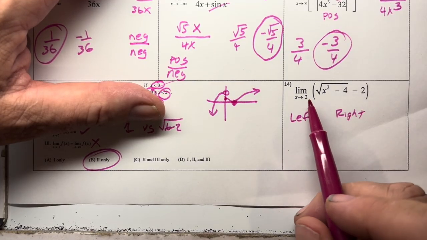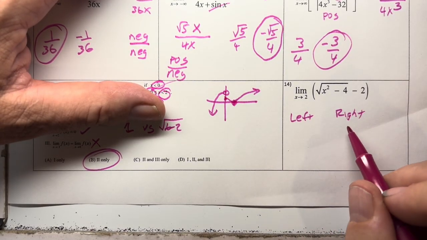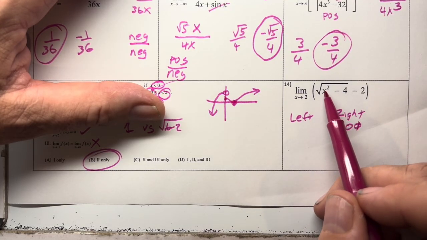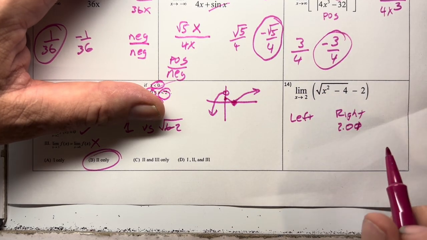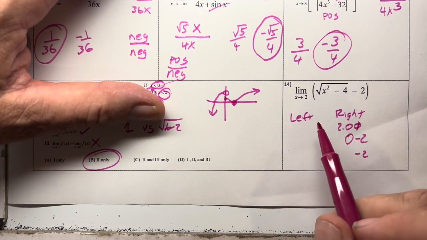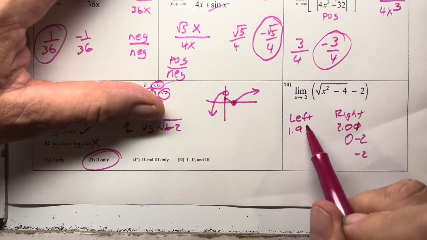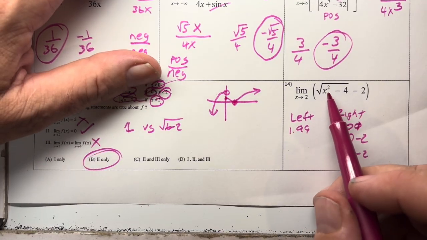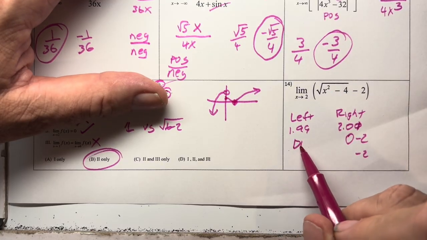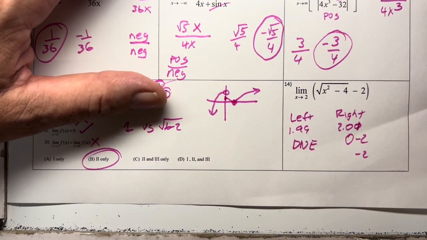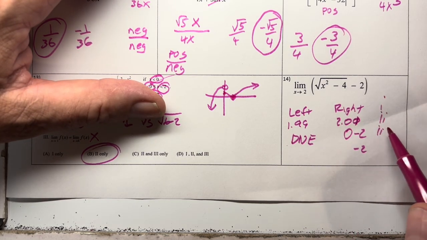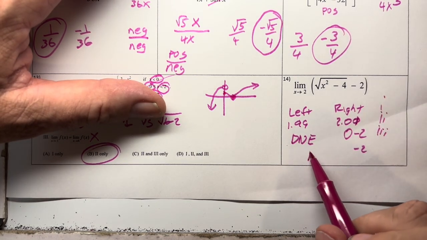All right, so when I plug in a number a little bit bigger than 2, this will be bigger than 4, and so there's no domain problems. So we'll have 0 minus 2 equals negative 2. But what happens when I plug in 1.99? This is smaller than 4, and this is going to be a domain issue. This does not exist. So by the definition that we're currently using in AP Calc, the 3-part definition, there is no left side, and you'd want to say does not exist as a final answer.